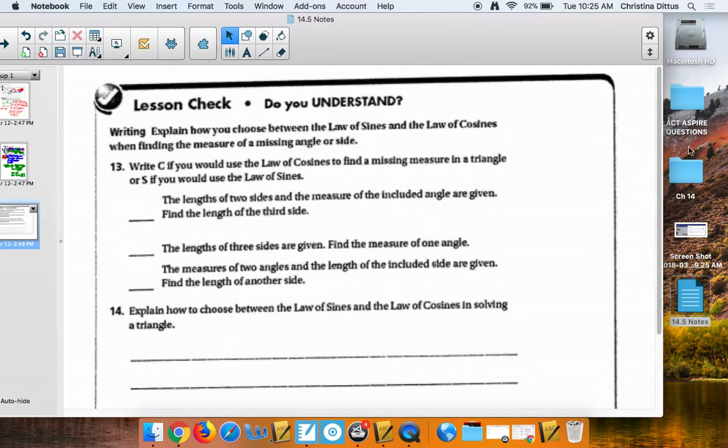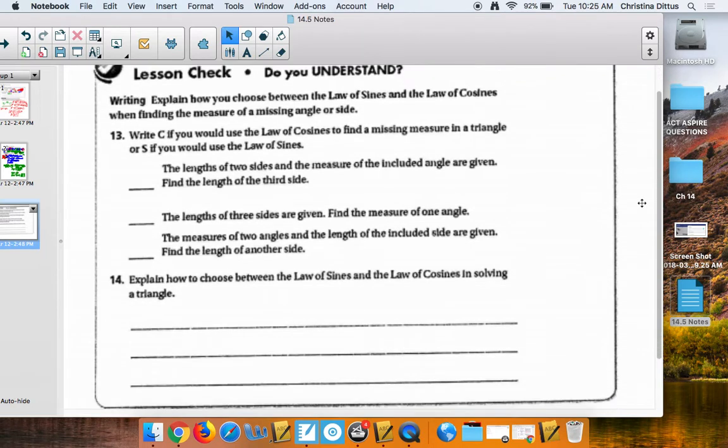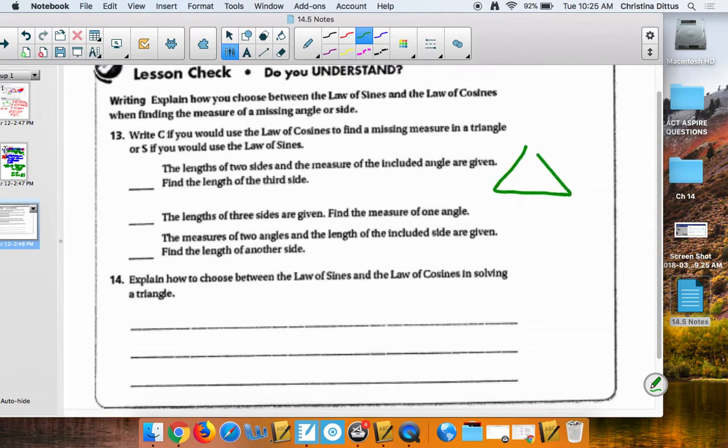All right. Trying to decide between law of sines and law of cosines. If I have the lengths of two sides and the measure of the included angle, so I'm gonna draw a picture. I have two sides and the angle in between, and I am looking for my third side.